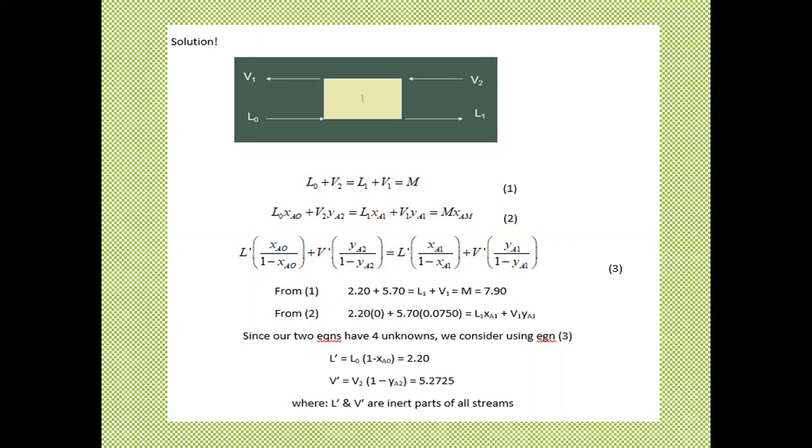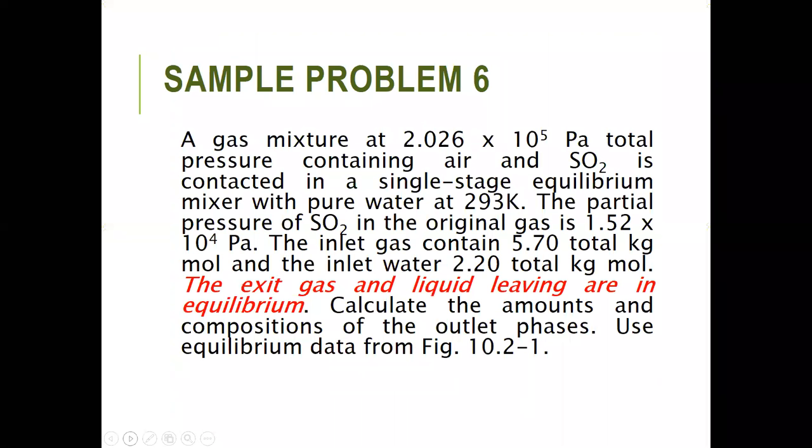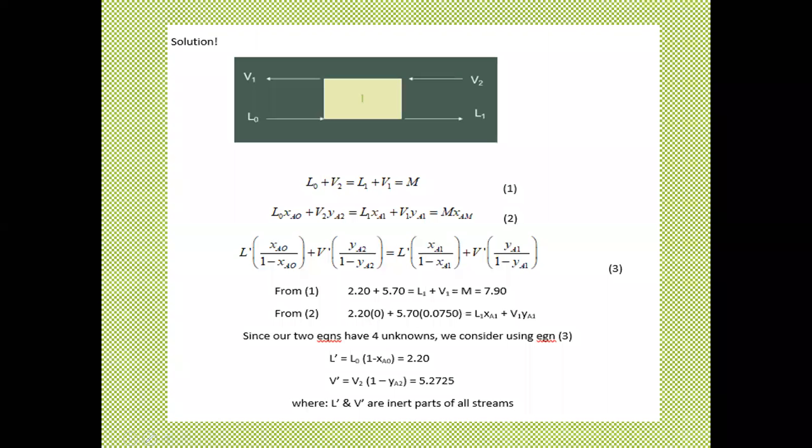And for the entering gas, our amount of SO2 is 0.0750. Then again, we copy what we have here and multiply it with the corresponding mole fractions.